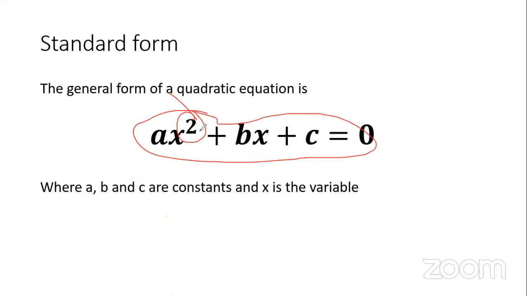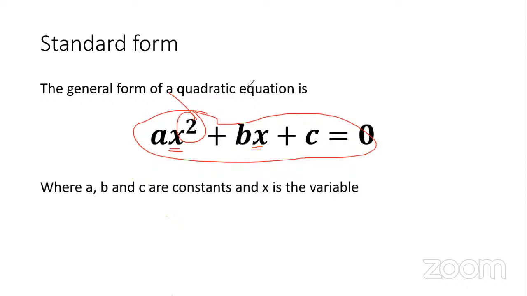So when we have x to power 2 in our equation, or any variable, so this x can be y, can be any other letter, and then when it is squared, it gives us a quadratic equation. So I'm saying a, b, and c are constants.